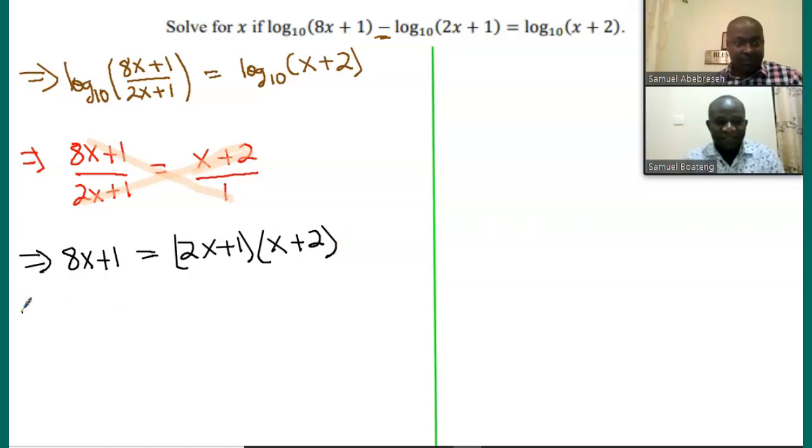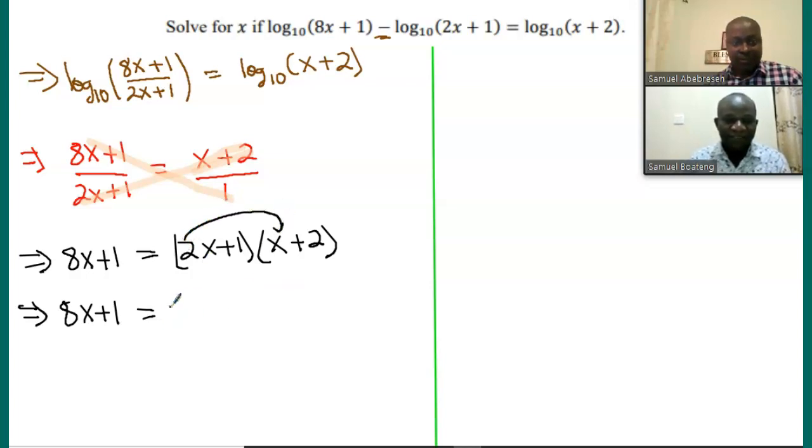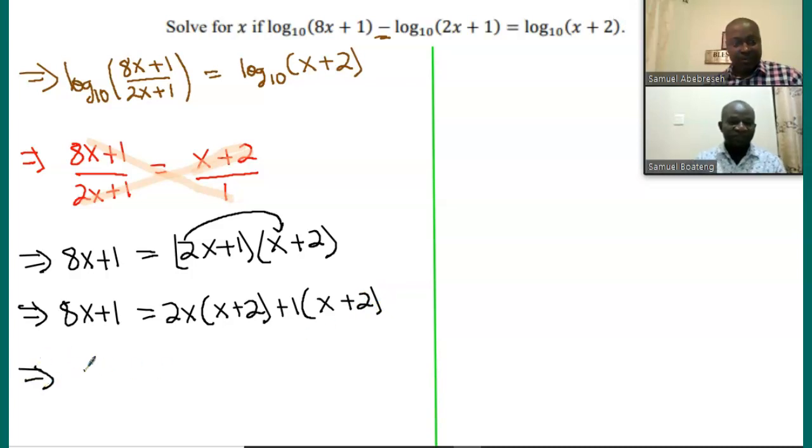On the right-hand side, this is a binomial multiplication. So we use the 2x into bracket x plus 2, then plus 1, bracket x plus 2.